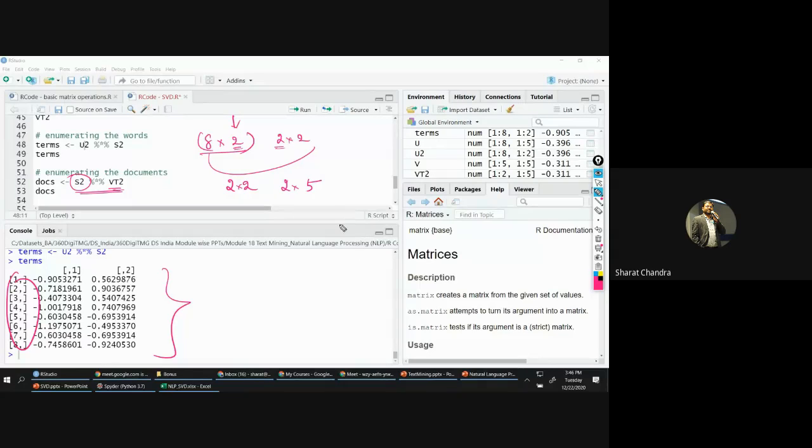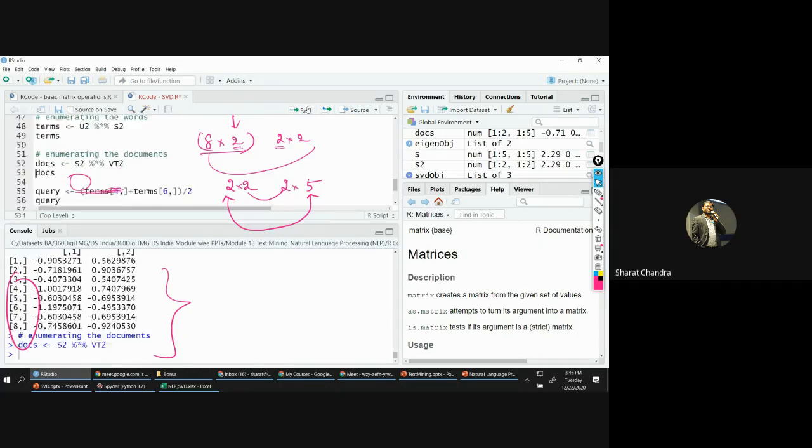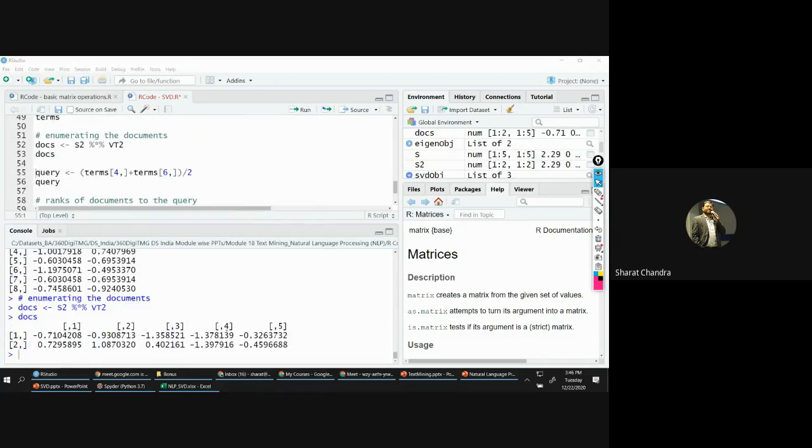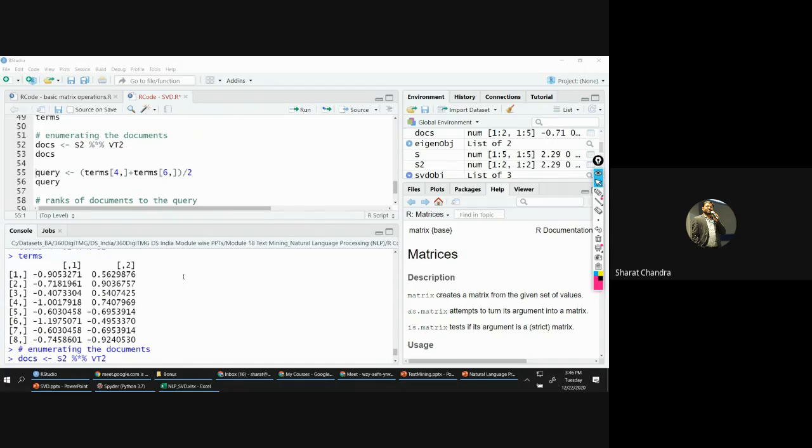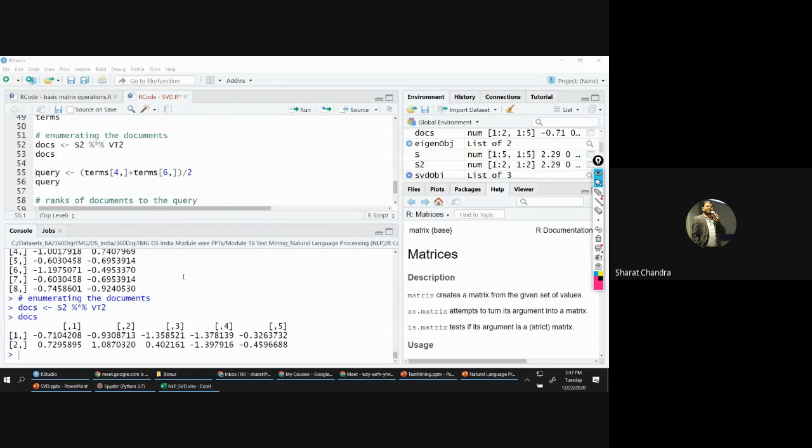V is 5 by 2, but we transposed it, so these two are similar. So I get 2 by 5 as the resultant document. So this talks about documents. So we are getting the terms and we are also getting documents.